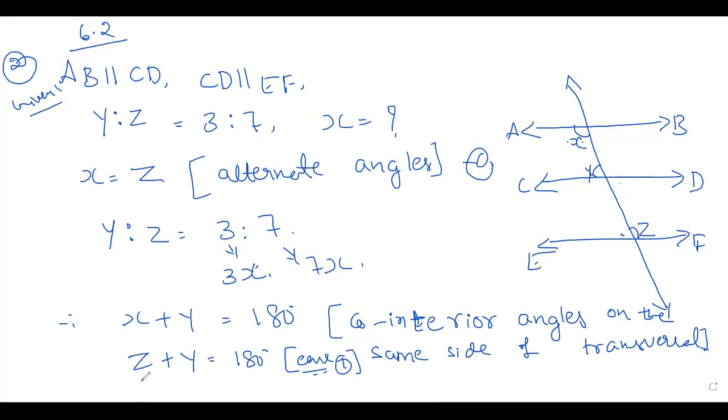While writing this, check carefully the order. Z is 7x and y is 3x. If you get confused, you can write a here, children. If you confuse x, you can take it as a, no problem. 3a is equal to 180. 7a plus 3a, that is 10a is equal to 180.